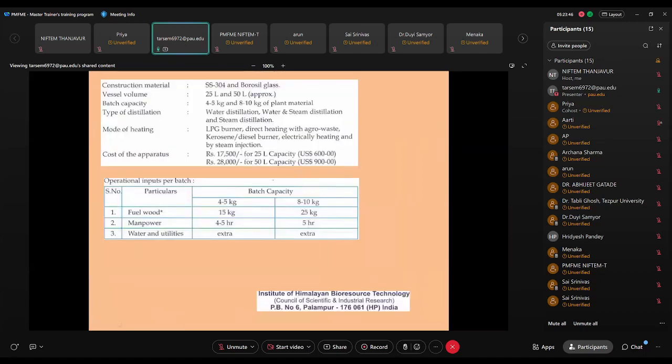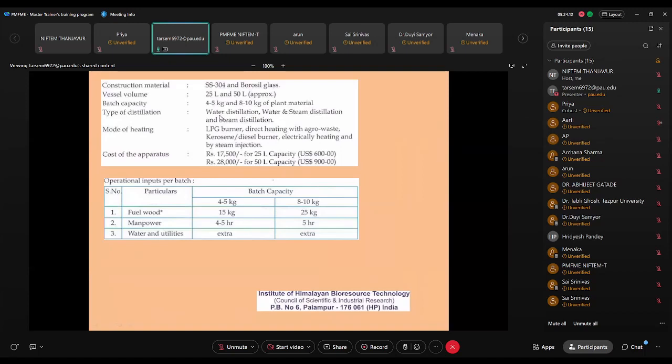This machine has been developed by the Institute of Himalayan Bioresource Technology, Palampur, using borosilicate glass. For batch capacity, we can load at one time 4 to 5 kg or 8 to 10 kg of material; there are two models available.